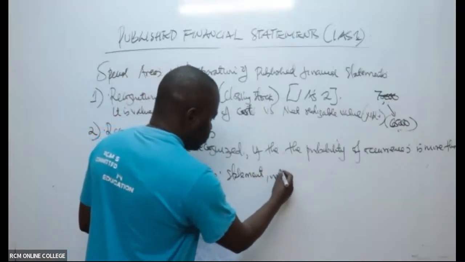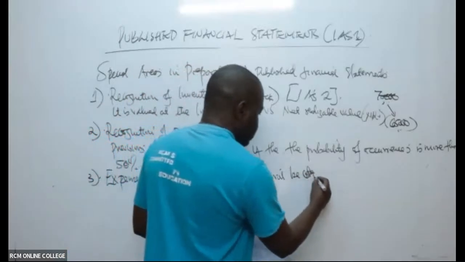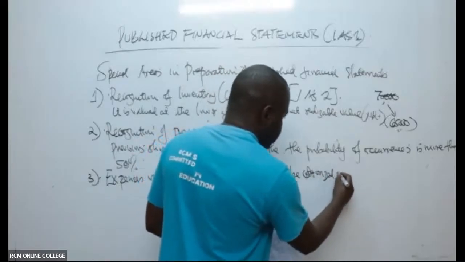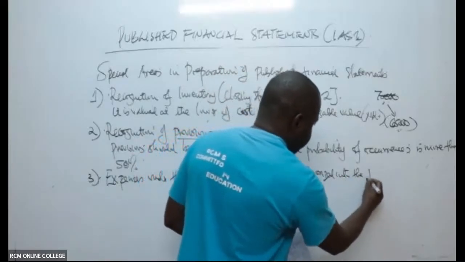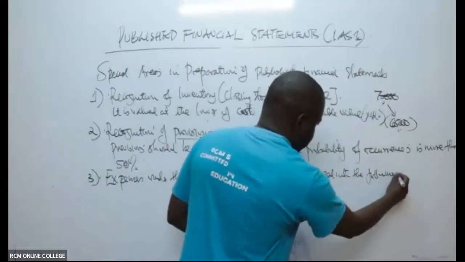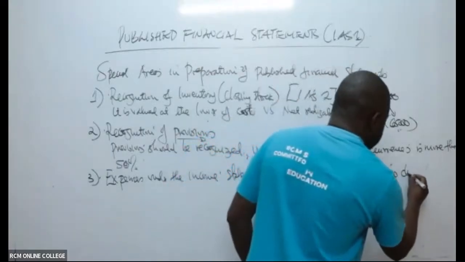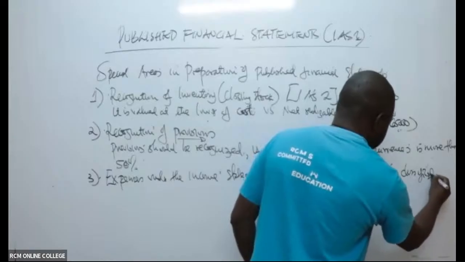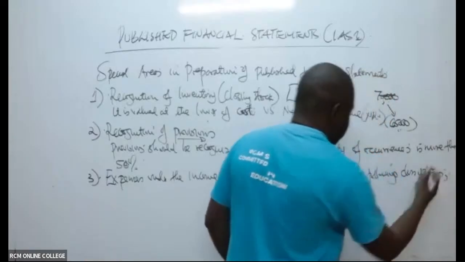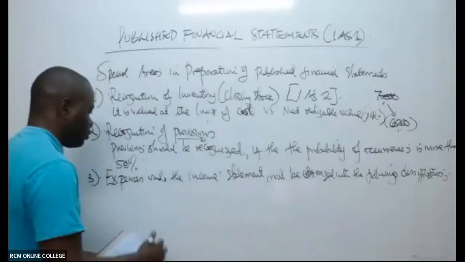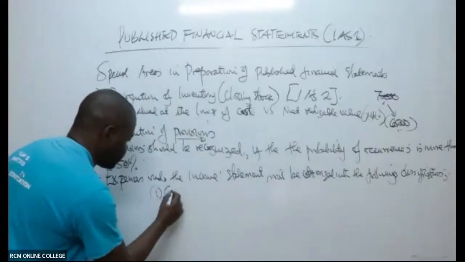will be categorized into the following classifications. You'll be able to classify them like this. You'll have, for example, cost of sales.